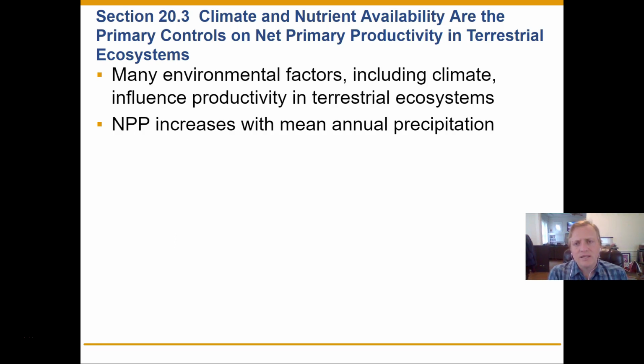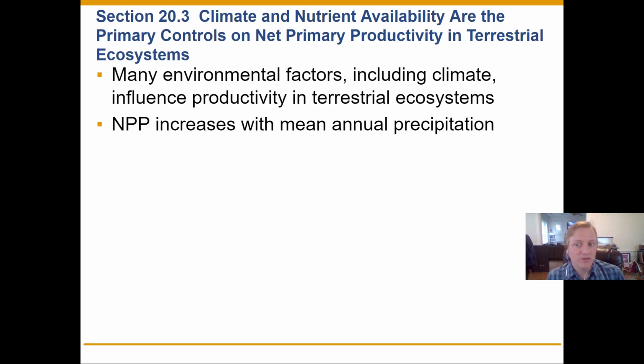So lots of things can influence primary productivity, and it should be obvious, hopefully, that primary productivity increases with annual precipitation. If you remember the equation for photosynthesis, it's CO2 and H2O in the presence of light produce sugar, right?